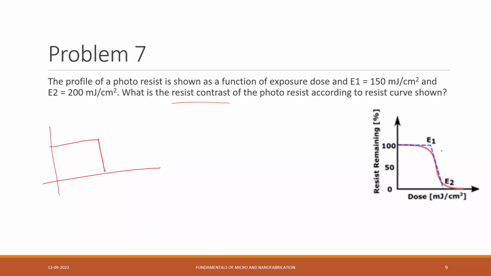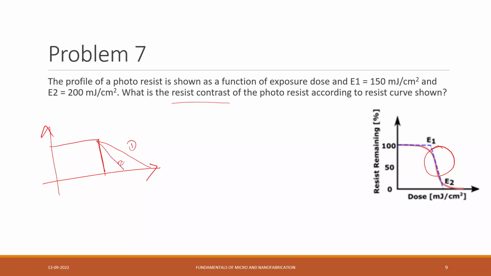So this slope is something that matters. Essentially this slope needs to be steep. So we want a steeper profile like this, and whenever it is like this, you can say it has less contrast than this.